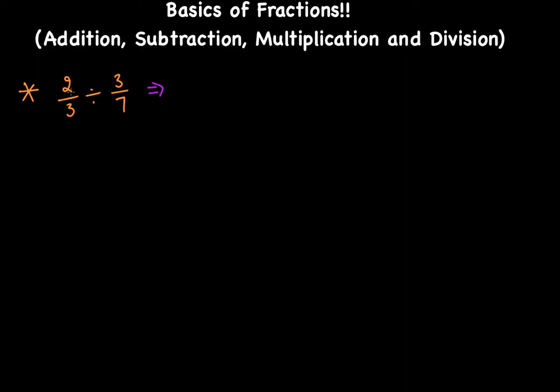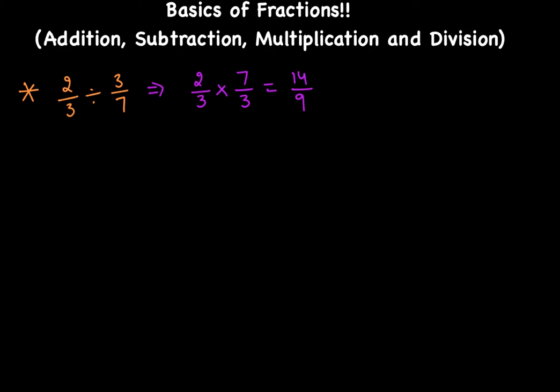Keep the first fraction the same, 2/3, and this division sign will change to multiplication, and we're going to write the reciprocal of 3 over 7, which is 7 over 3. So that gives me 7 times 2 is 14 and 3 times 3 is 9.